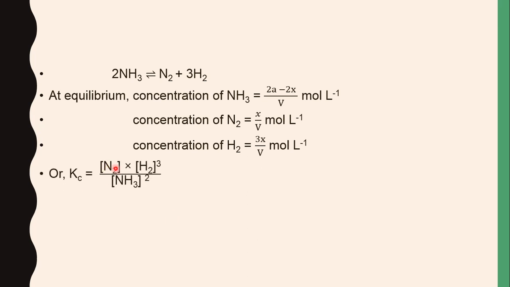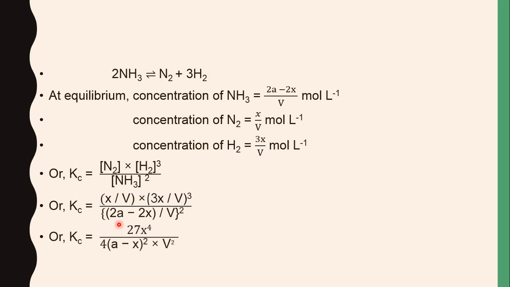Here Kc equals nitrogen times hydrogen to the power 3, because there are 3 moles of hydrogen, divided by ammonia to the power 2. Now when you put the values of these three in this equation, you will get (x divided by V) times (3x divided by V) whole cubed divided by (2A minus 2x divided by V) whole squared.